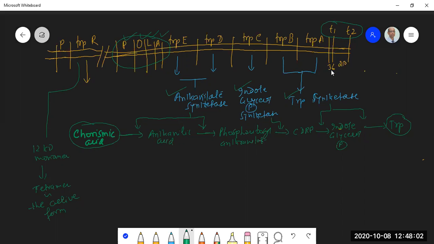One is located about 36 base pairs away from the last nucleotide of the last structural gene, and it is a rho independent transcription termination signal. And T2, which is located another 250 base pairs away from the first one, is a rho dependent transcription termination. All right. So let us now understand how this is regulated.